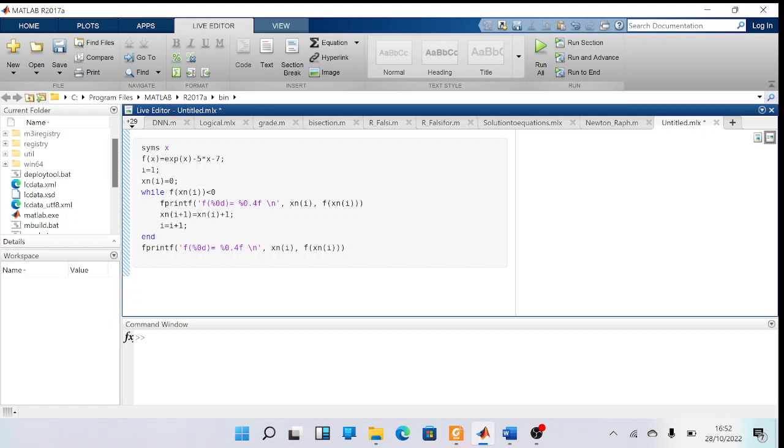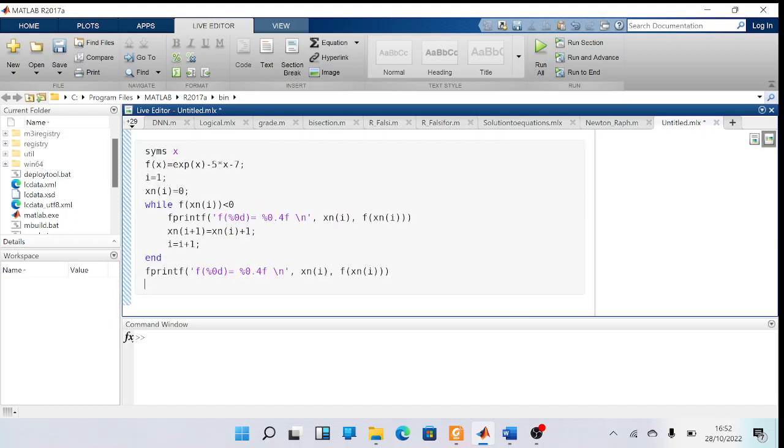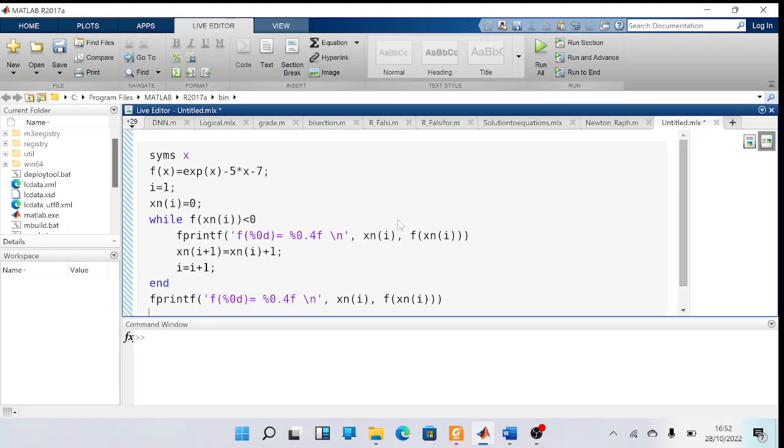So we create a symbol in the MATLAB session, then the function, then the counter, xn is 0. We compute the value of the function here, and then I want to print the output so that we can see the values. So I use fprintf to print the output at that point.